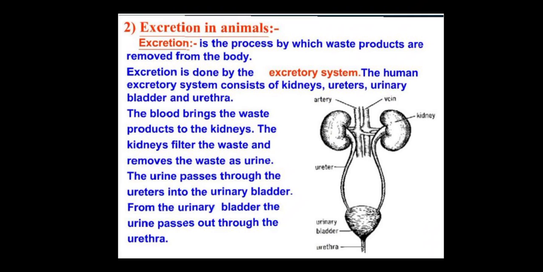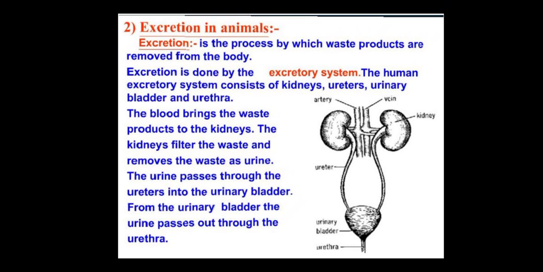Now, excretion in animals. Excretion is a process by which waste products are removed from the body. We all know that waste products should be removed from our body, and our kidneys help us to remove the waste products. The human excretory system consists of the kidneys, urinary bladder and urethra.